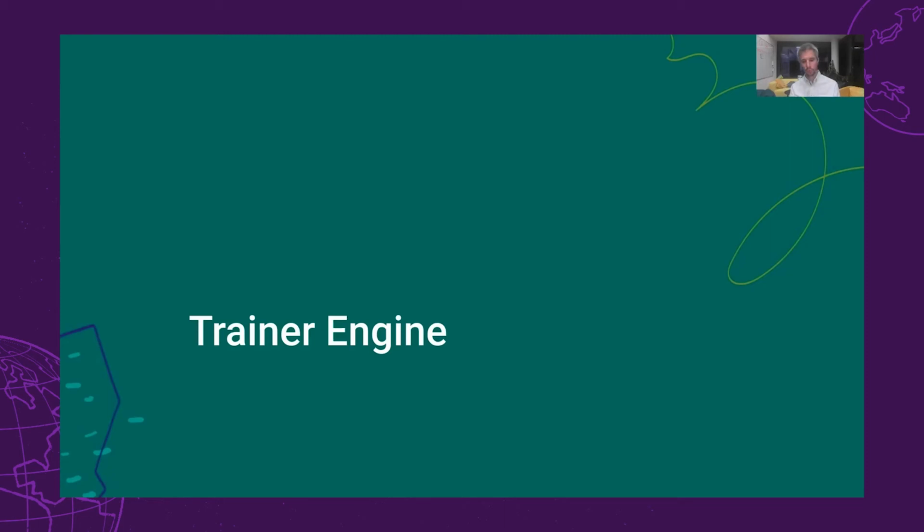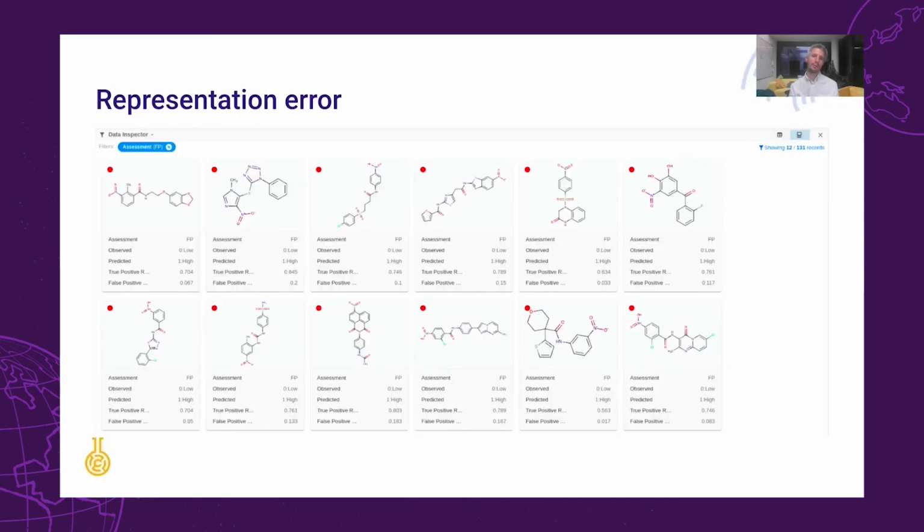So let's move to real examples of building models. First, when I started to work with the SMRT dataset and built a classification model, I used Data Inspector with filtering for false positive assessment and recognized a pattern in the molecules that were not correctly predicted, where the nitro group is differently drawn on different molecules.